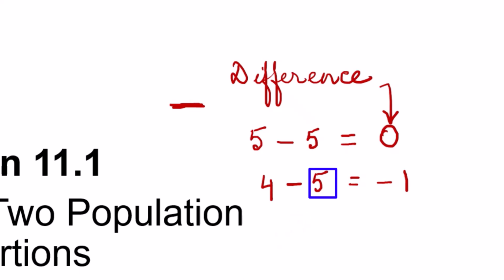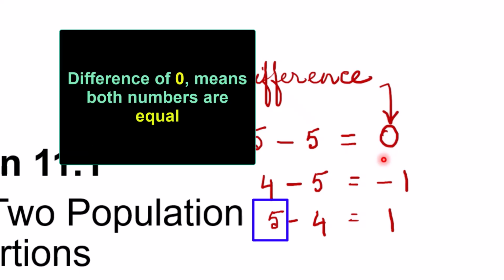If the difference is a positive number, that means the first number is greater than the second number. So we have to keep this in mind, because that will tell us which proportion is greater than which one. Or if the difference is 0, then we will know that the numbers are the same.